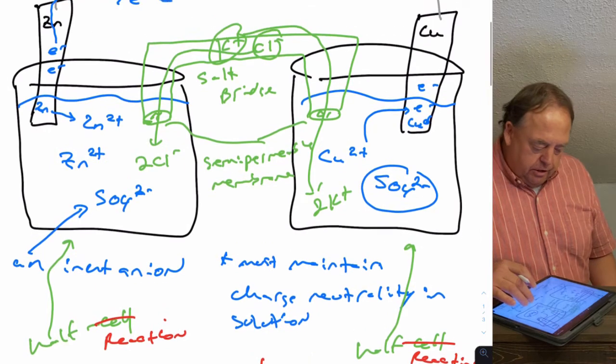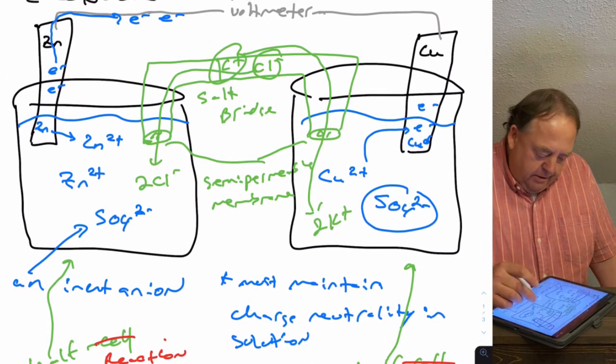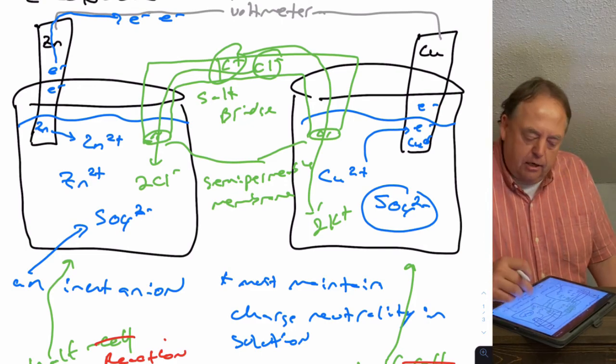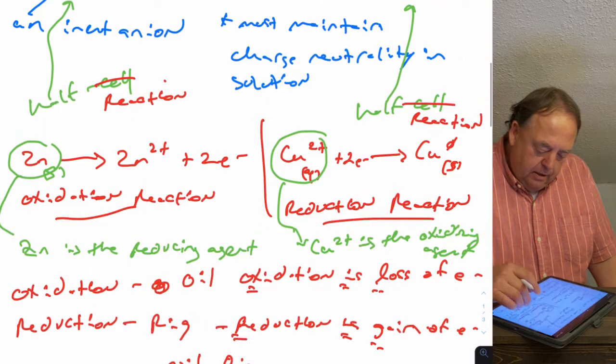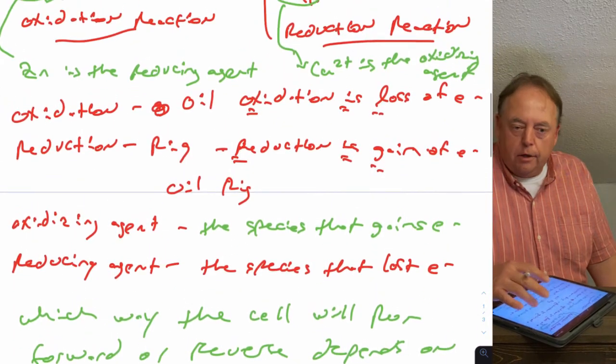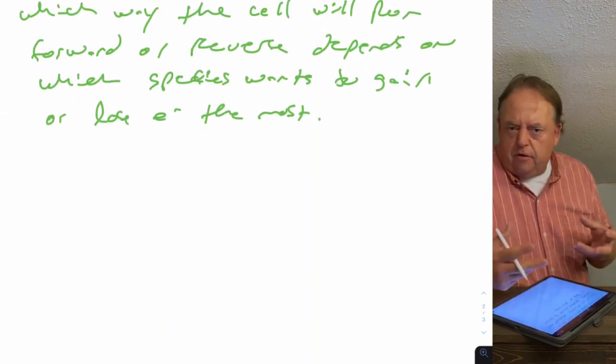Does zinc want to lose electrons more than copper, or does copper want to lose electrons more than zinc? Does zinc 2+ want to gain electrons more than copper 2+, or does copper 2+ want to gain electrons more than zinc 2+? And so that tells you which way the cell is going to work, forward or backwards. And we'll talk about how you figure that out in the next lecture.